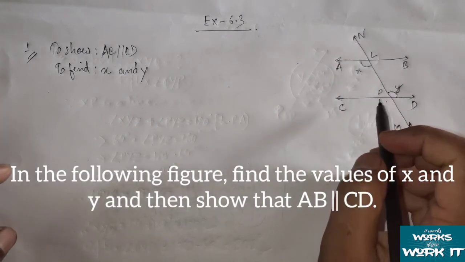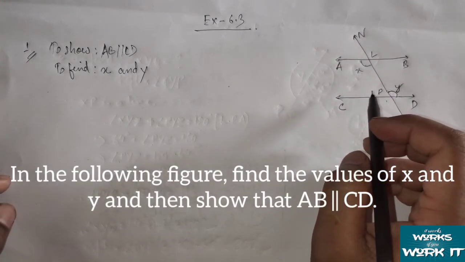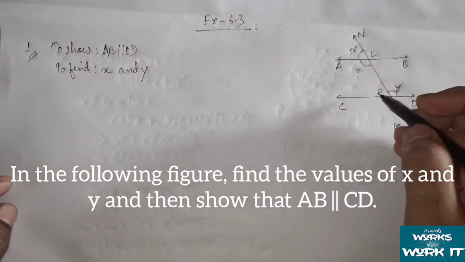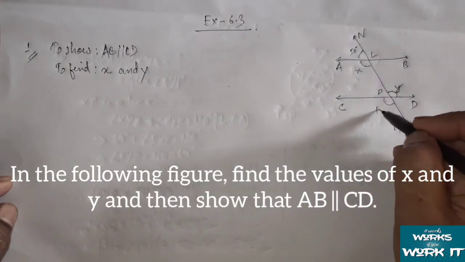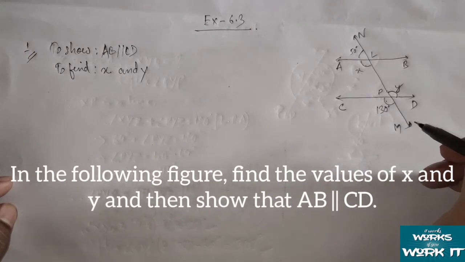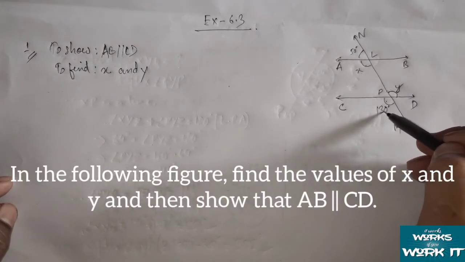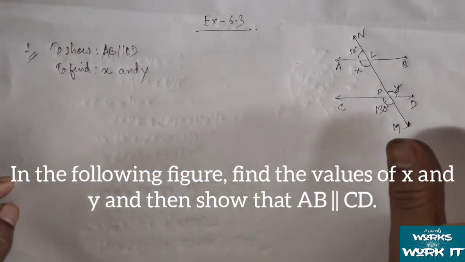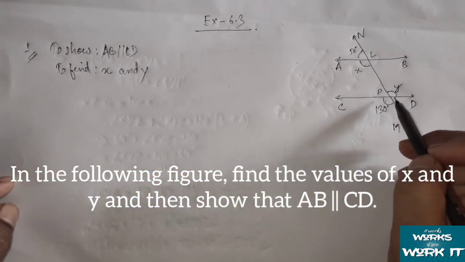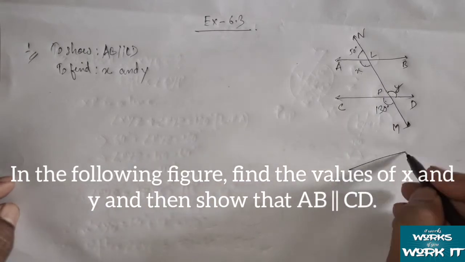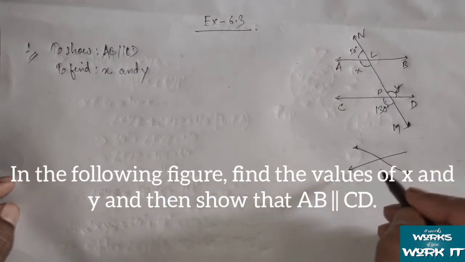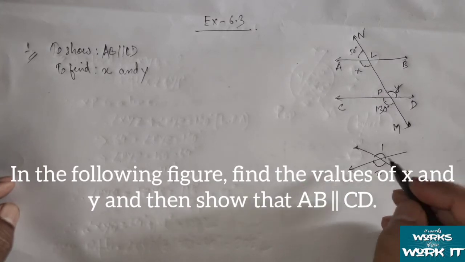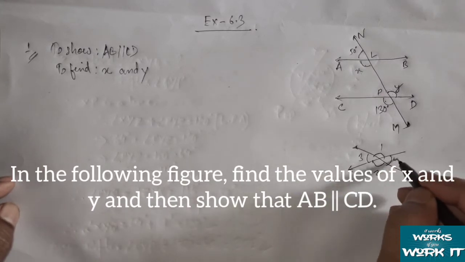Now we will start with the given parts, that is, this one is 50 degrees and this angle is 130 degrees. As you know, in the beginning of this chapter I told you that if two lines intersect each other, then their vertical angles, angle 1 will be equal to angle 2 and angle 3 will be equal to angle 4.